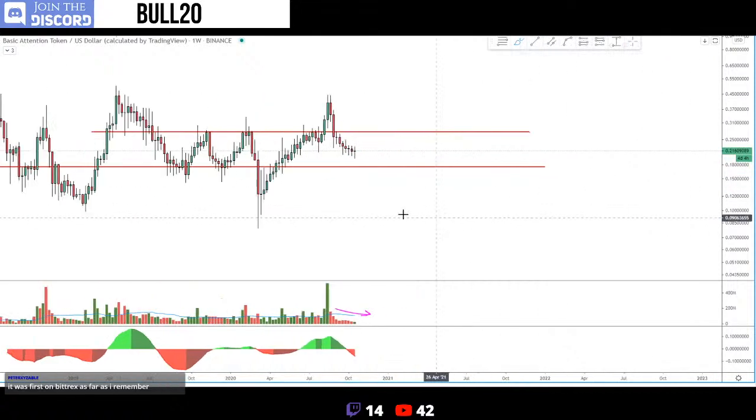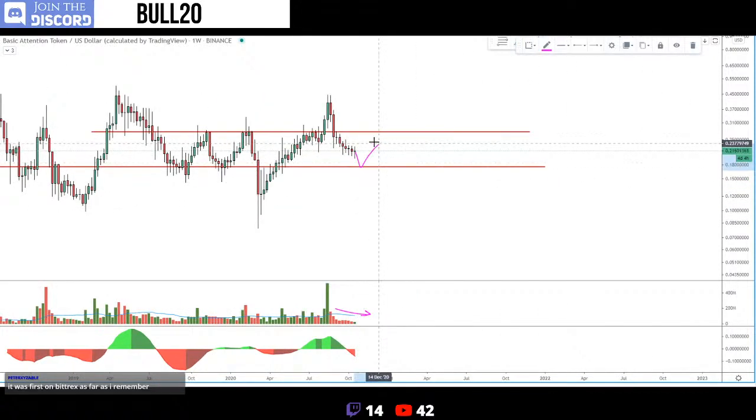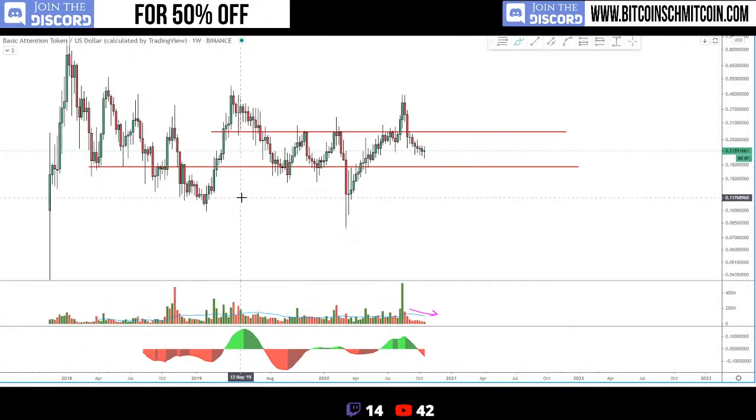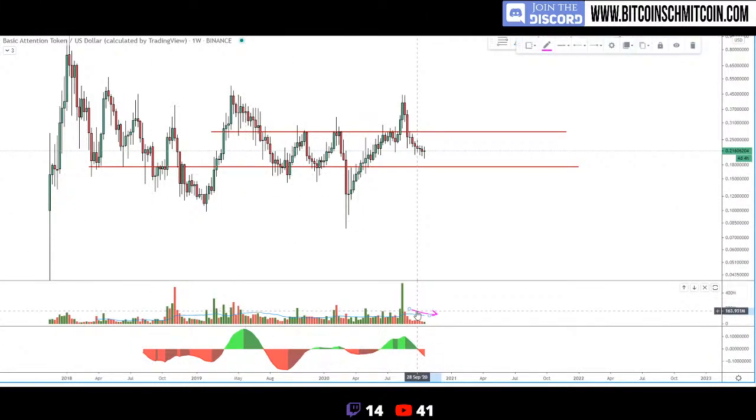That doesn't seem crazy to me. Maybe a wick and a go. Something like this. But it's just so zigzaggy that it's not super clean.